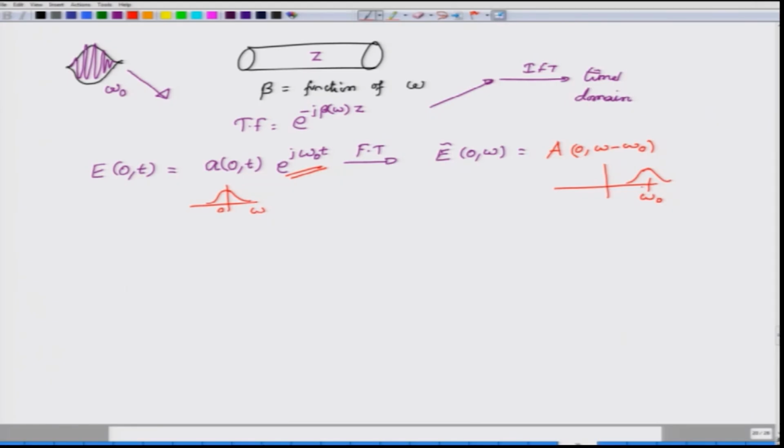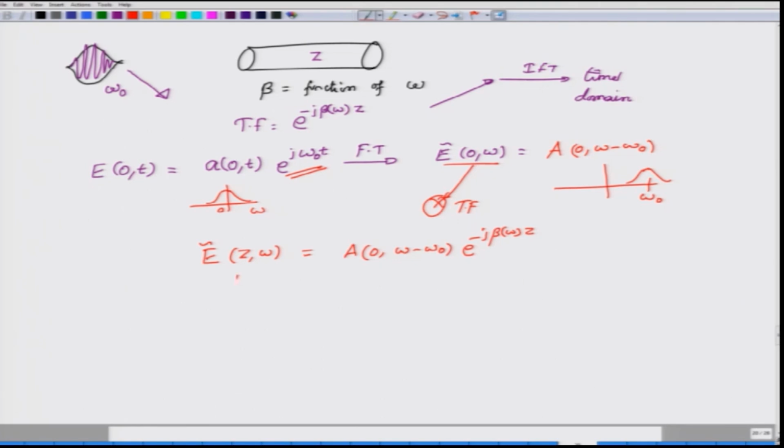omega 0. Okay. Now, how do I get the pulse at any distance z? The spectrum at any distance z is obtained by taking the initial spectrum and multiplying it by the transfer function. Okay. So, that would be A of 0, omega minus omega 0, times e power minus j beta of omega z. Okay.